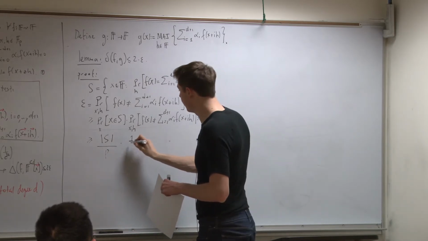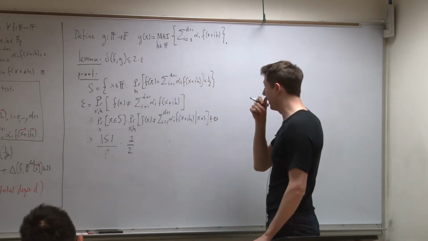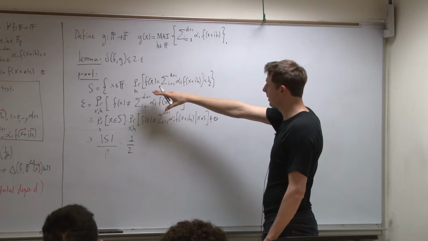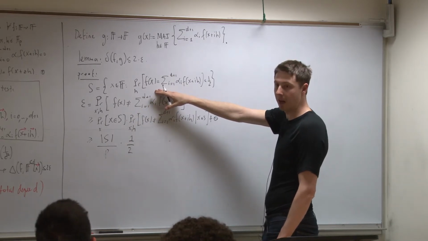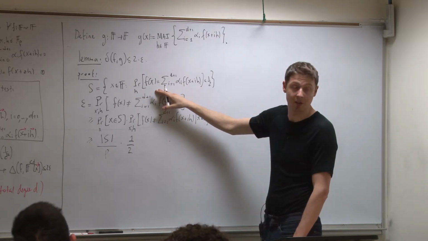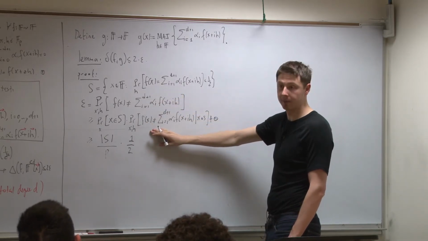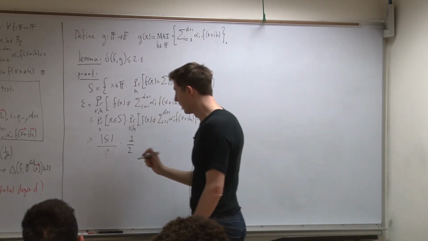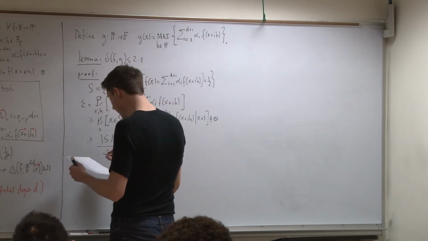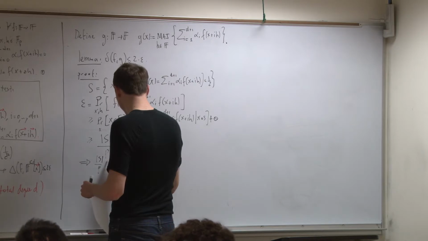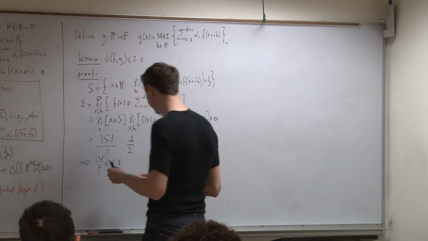It is at least 1/2 by definition. If you're in S, it means that you agree with probability less than 1/2, so you disagree with probability at least 1/2. And that's exactly what we're looking at here. So this tells us that |S| over |F| is at most 2 epsilon.